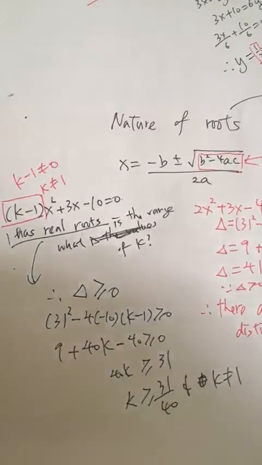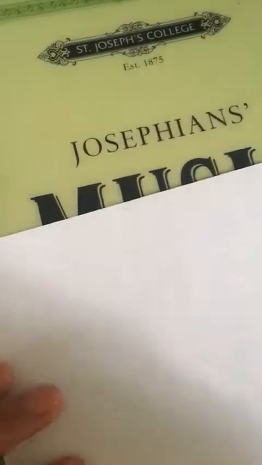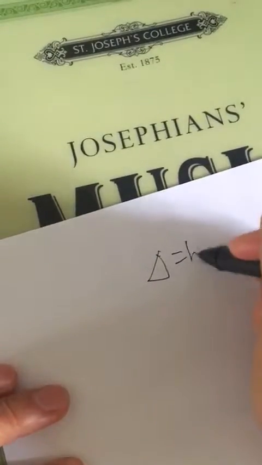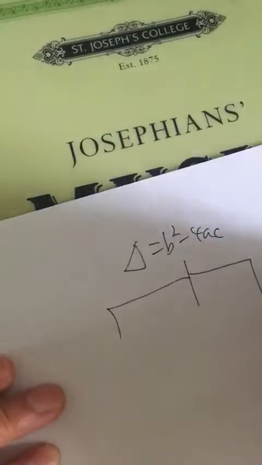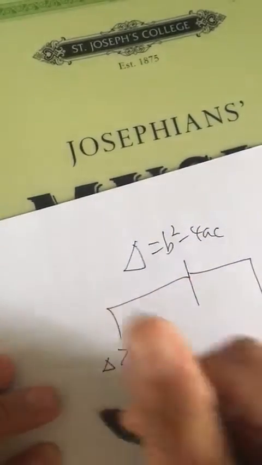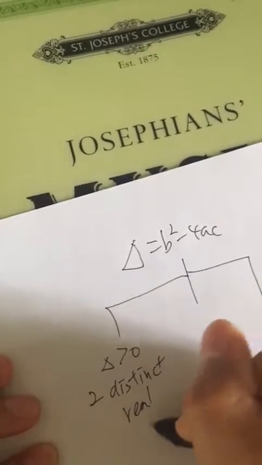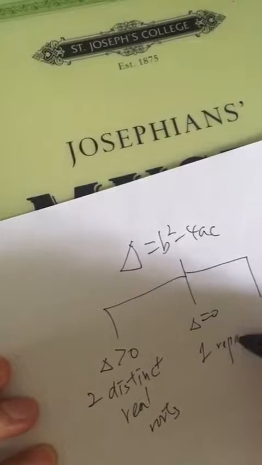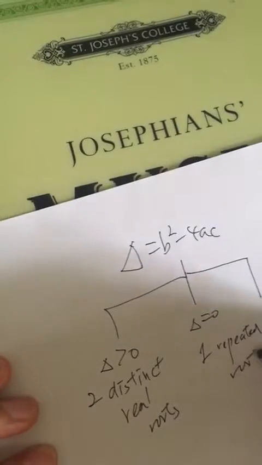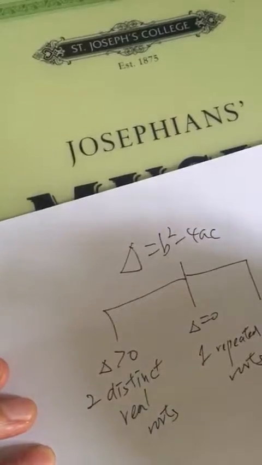So remember, for the nature of roots, we have at least three cases. An equation has either discriminant greater than 0, two distinct real roots, or one repeated root, or no real roots.